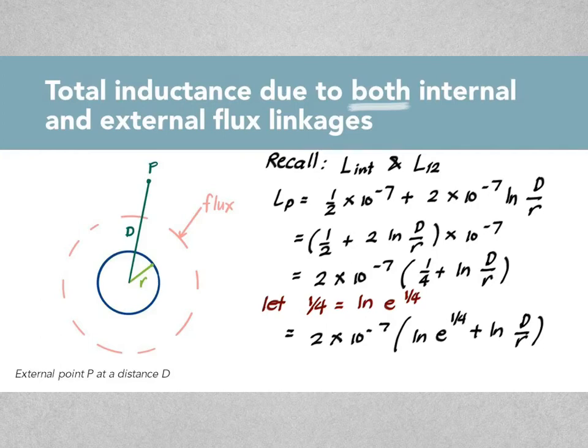So ln of e^(1/4) times D over R, and then eventually that 1/4 was transferred to the denominator, so it became negative 1/4.